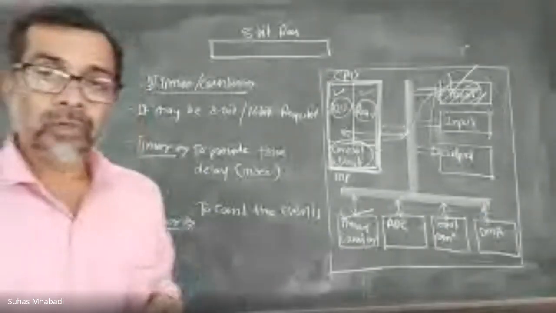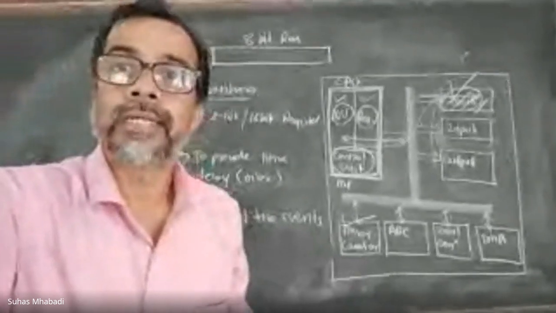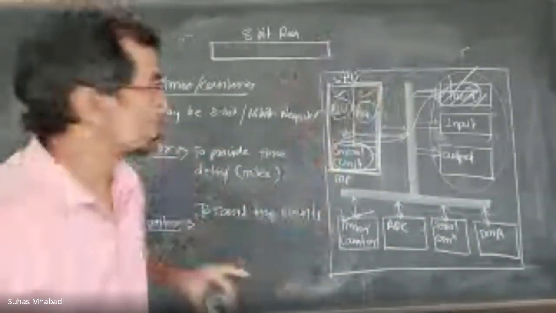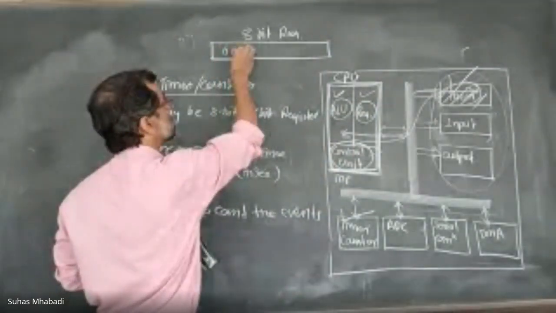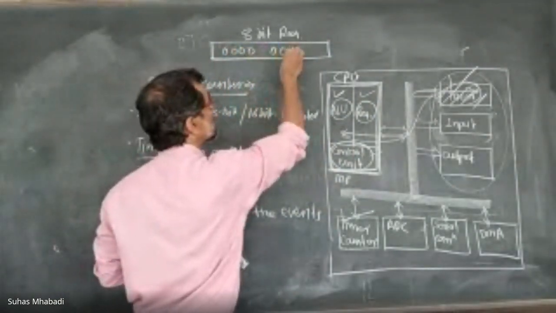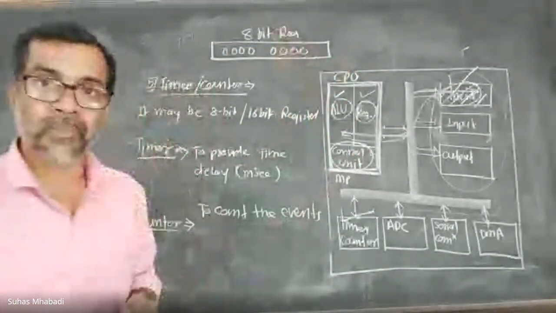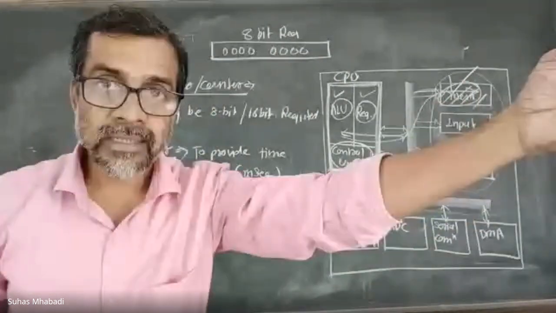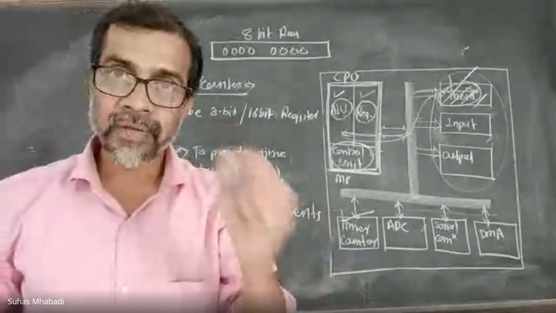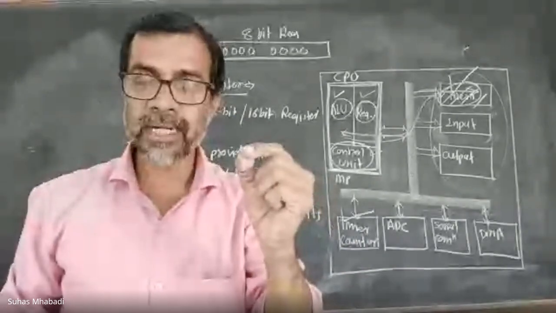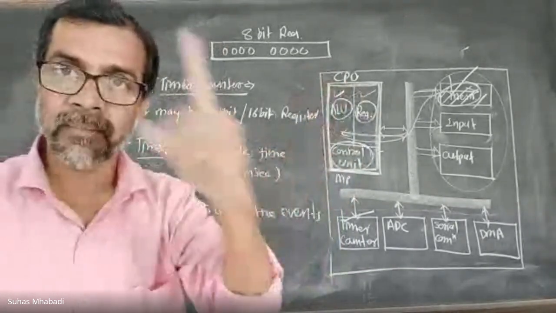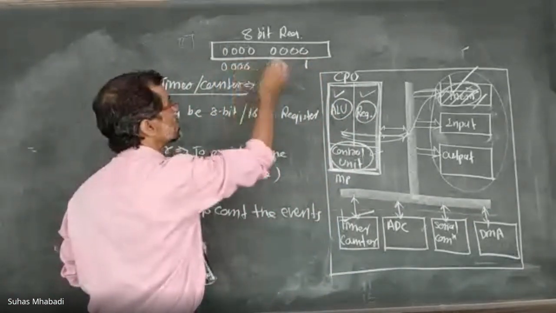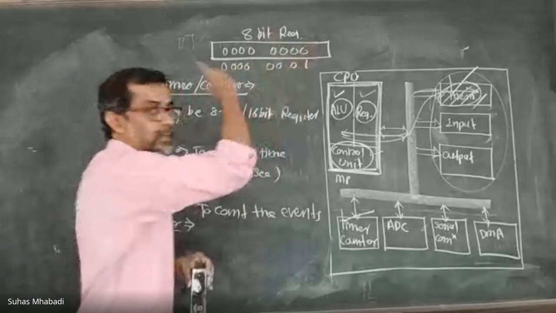Okay. So I hope you are able to see it. Initially the number present over here is 0. So it is 0 0 0 0 0 0 0 0. This is the initial number. Once the object passes, the sensor senses the object. At every passing of a single object, this will increment by 1. 0 0 0 0 0 0 0 1.